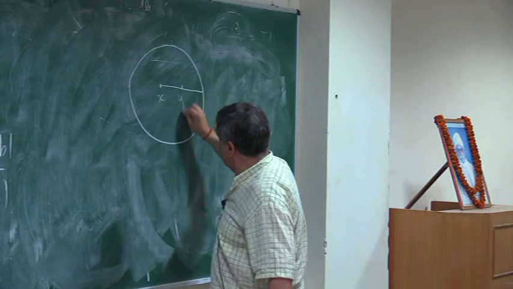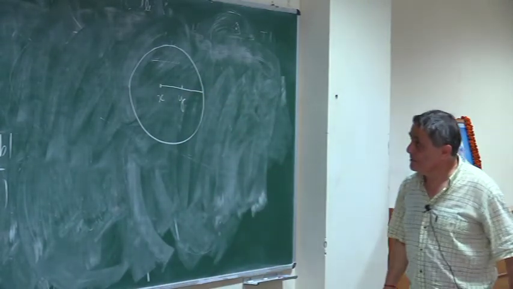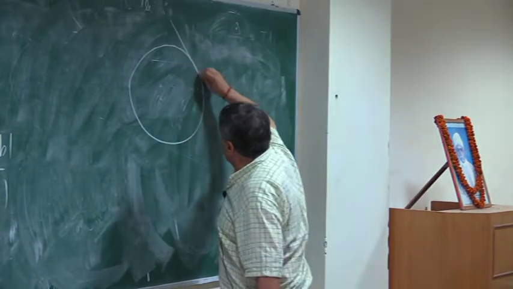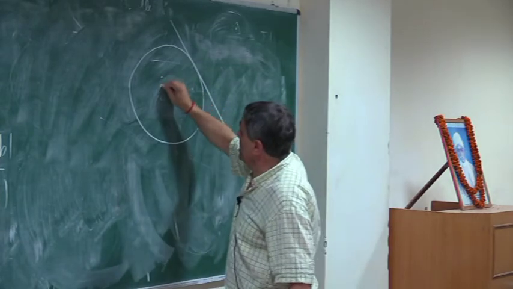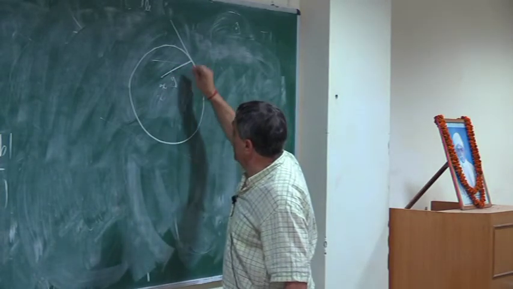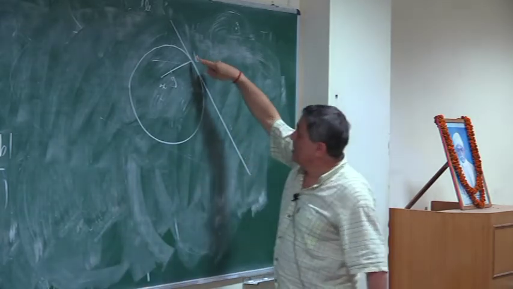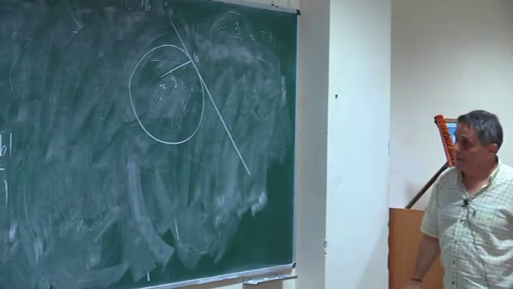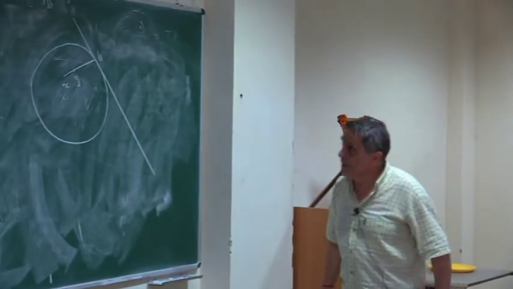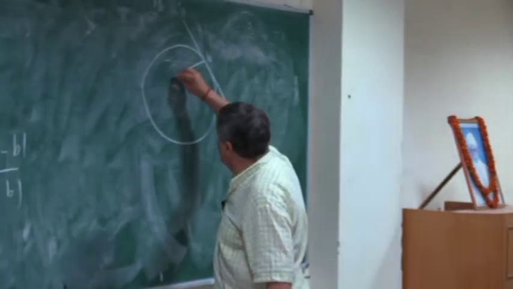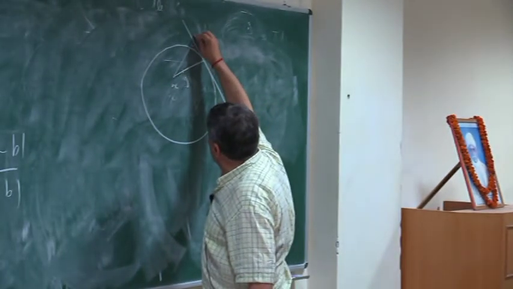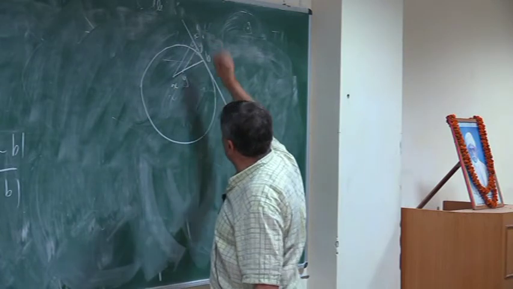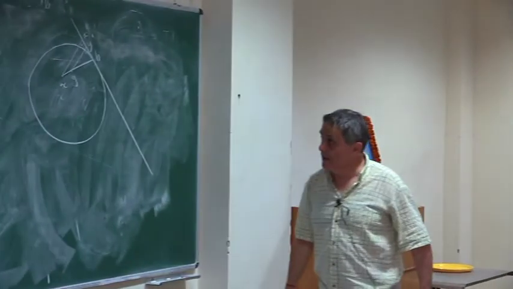X, Y. This is my support hyperplane, and this is B, and I'm taking the support hyperplane at B. From X, I'm taking this perpendicular, which I call X prime, and from Y, this perpendicular, Y prime.